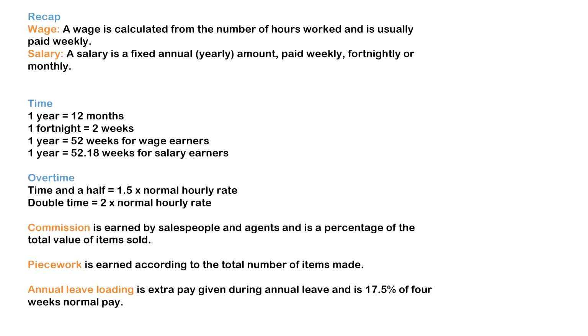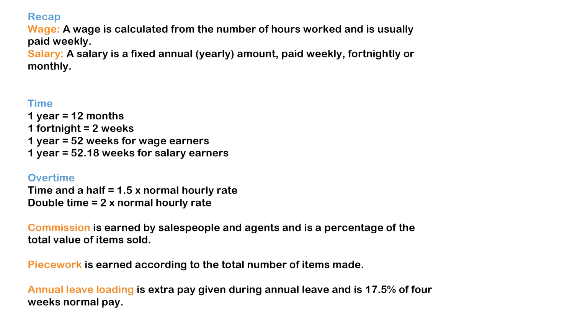To end the video, we're just going to do a quick recap. Your wage is calculated from number of hours worked times your hourly rate, and it's usually paid weekly. Your salary is a fixed annual or yearly amount, and it can be paid weekly, fortnightly, monthly. Remember, your times can sometimes be different. The main one is that for wage earners, it's 52 weeks per year, whereas for salary earners, it's 52.18.